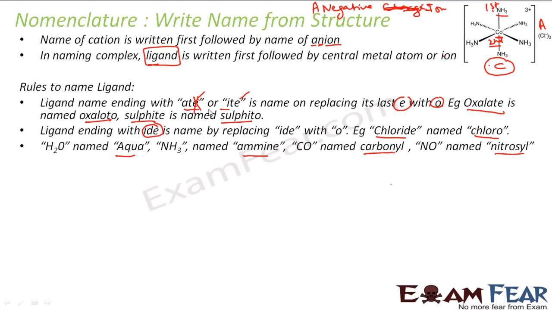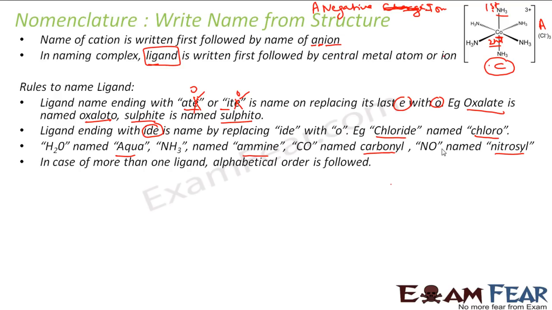Example, sulfite becomes sulfito, oxalate becomes oxalato. If the ligand names end with ide, like chloride, fluoride, it becomes chloro, fluoro, like that. Water is aqua, ammonia is ammine, CO is carbonyl, and NO is nitrosyl.